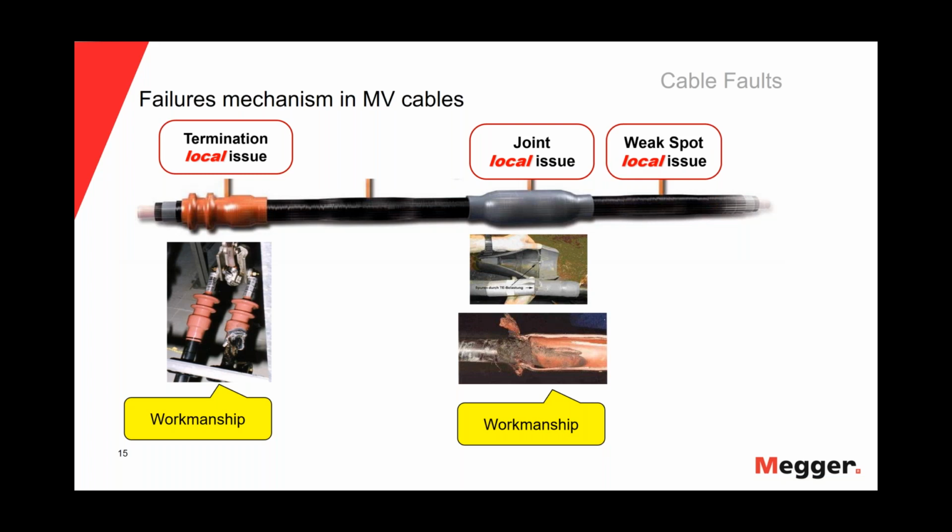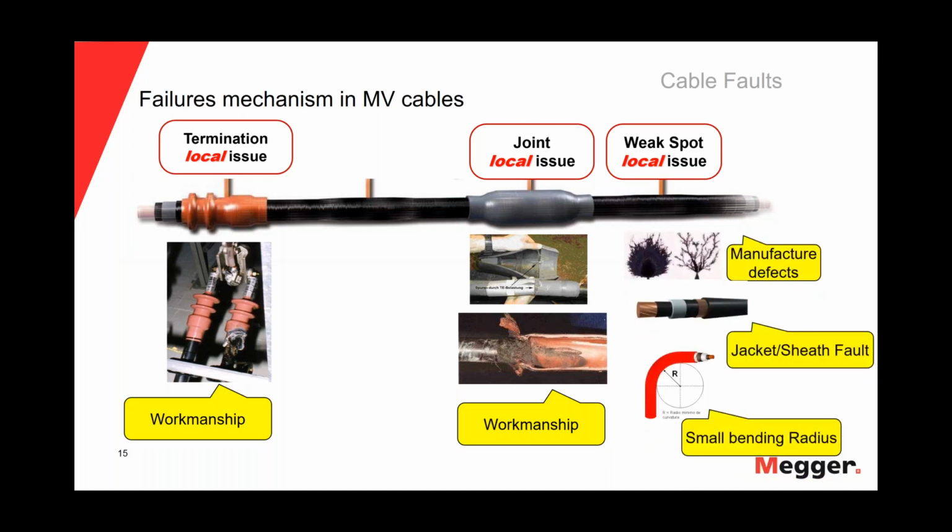We can also have weak spots in the cable itself. You could have a manufacturer's defect right from the manufacturer. That's not very common in today's high quality cable, but it could happen. We could damage the jacket or sheath when we install that cable. And if we nick or damage the jacket, we could have water ingress, and over time that could lead to a fault.